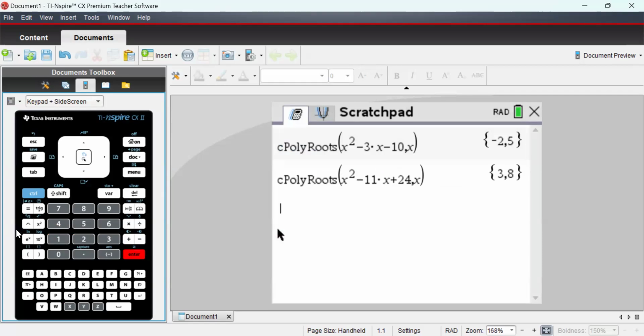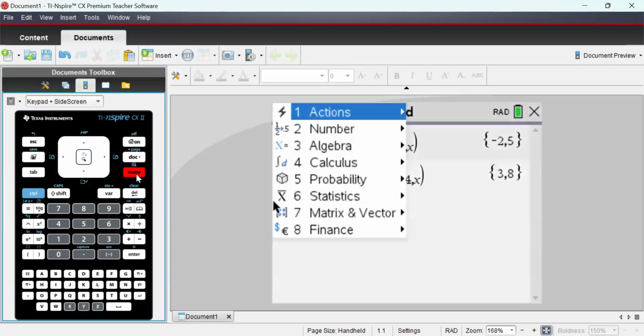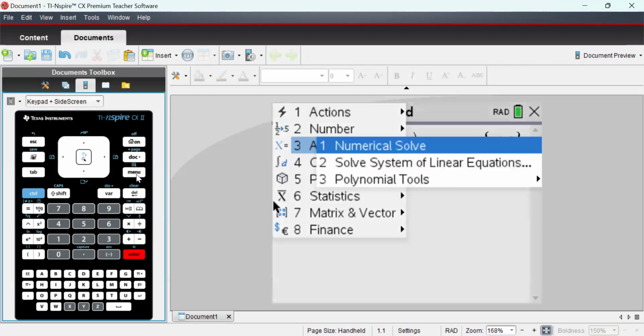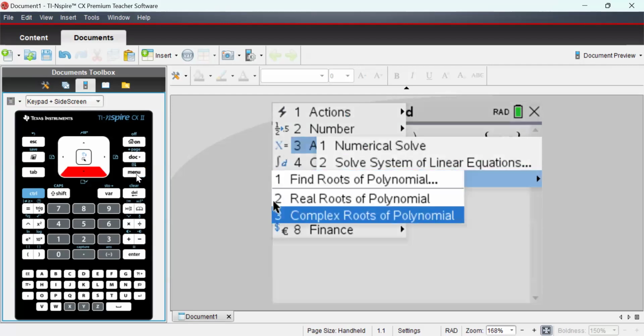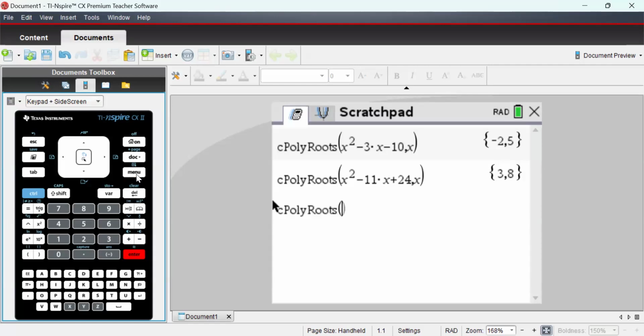Now the next one on this has S's instead of X, which is fine. You would just have to put comma S at the end. I just prefer to stick with X's. So menu, algebra, polynomial tools, complex roots. I'm going to leave them as X's. That's what I prefer.